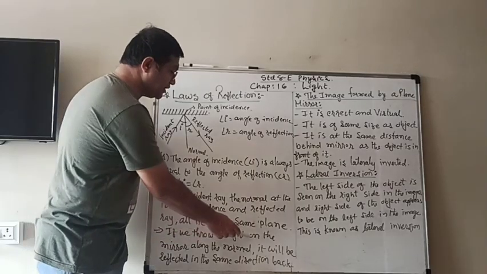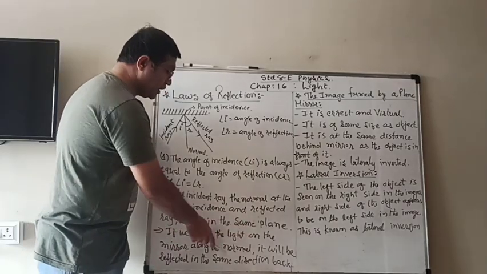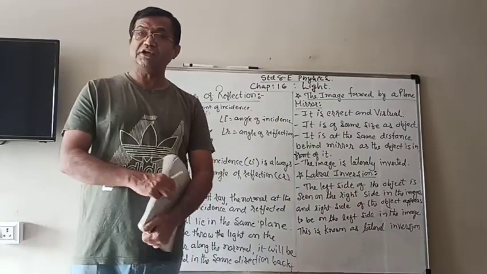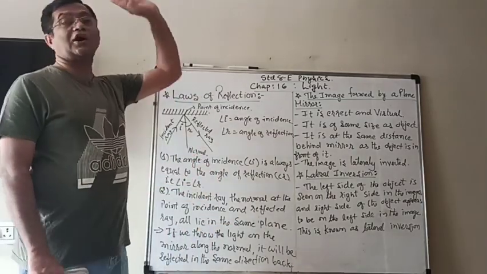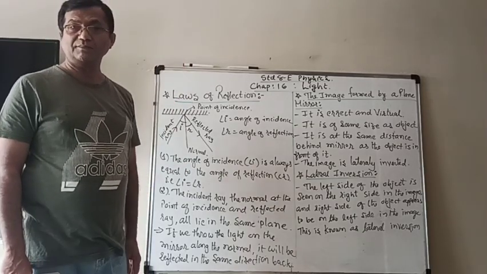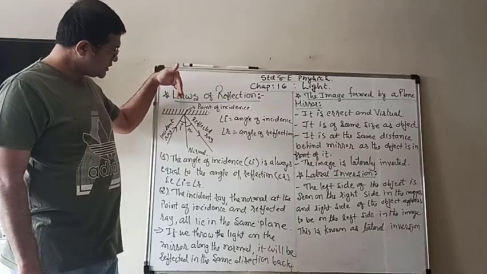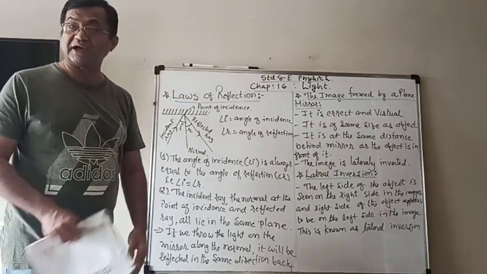If we throw the light on the mirror along the normal, what will happen? After incidence, it will be reflected in the same direction.